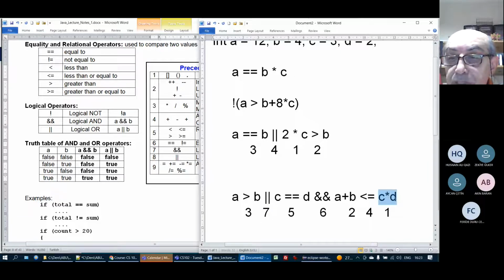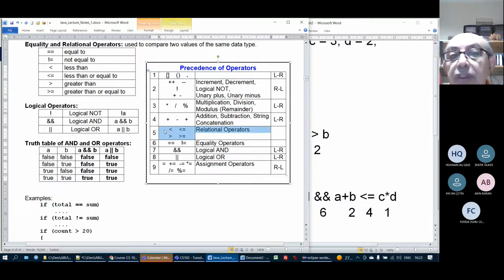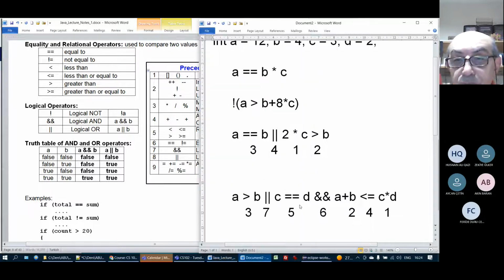First perform the multiplication, then perform the addition, and then perform the greater than, and then these two, greater than and less than or equal, have equal precedence. When they have equal precedence, they are processed from left to right. I forgot to put this. We do first the leftmost one, and then we go to the right. Okay.